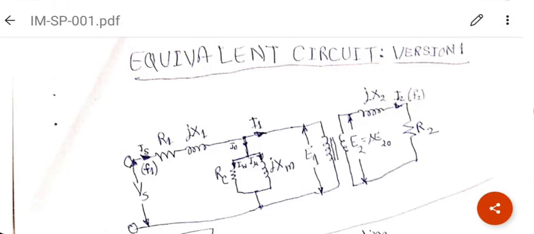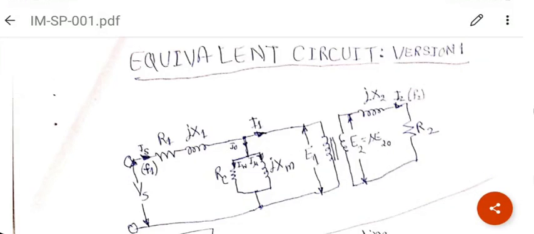We have supply voltage. This is single phase equivalent circuit. Supply voltage Vs, then stator resistance R1, stator reactance X1, then core losses are captured by a parallel circuit containing core resistance and core magnetizing inductance, as we saw in transformers.